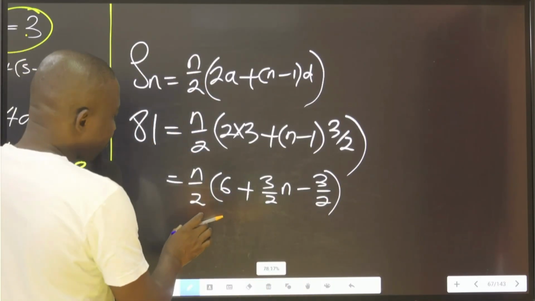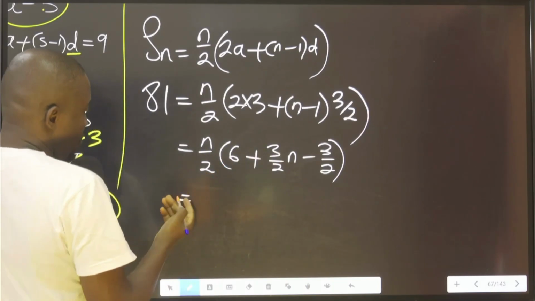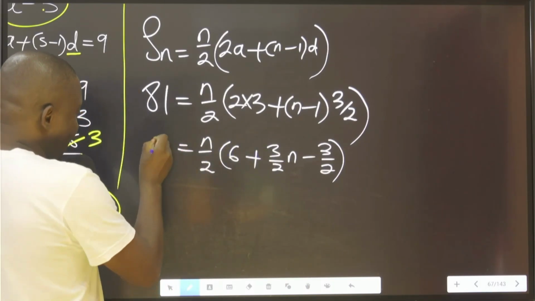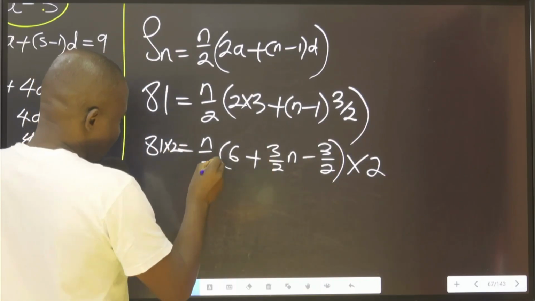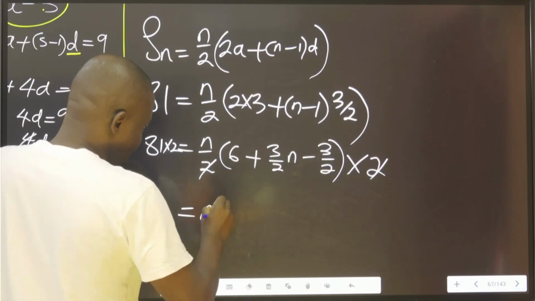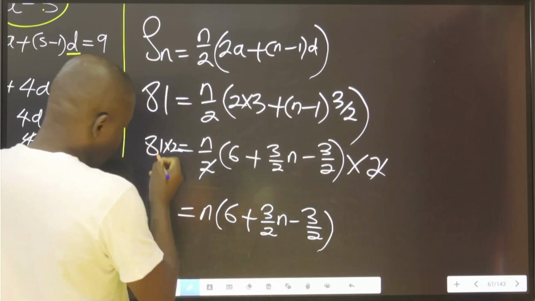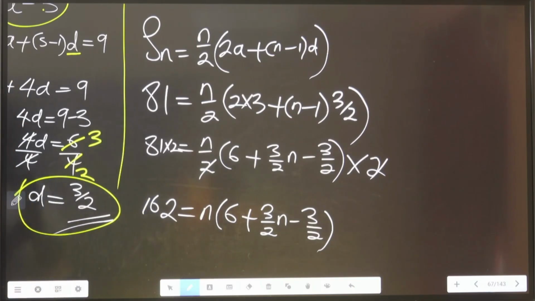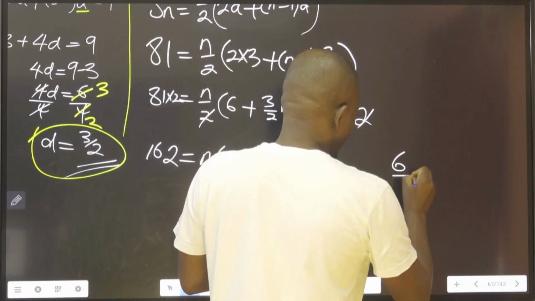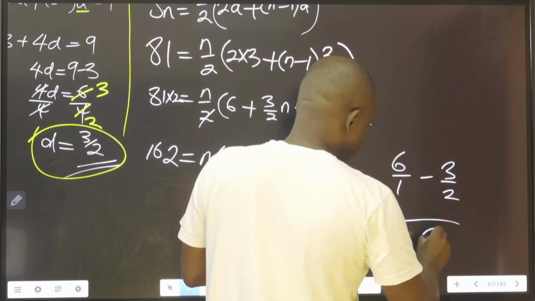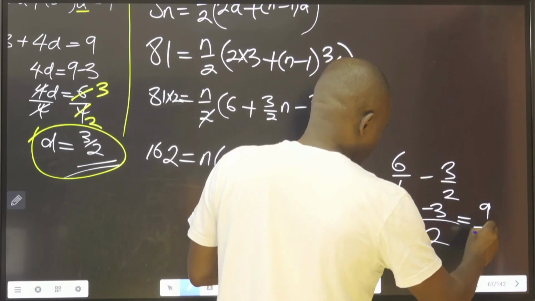Okay? We can continue with this, or we multiply both sides by 2. This by 2, this by 2, so that this and this will cancel to have this. This will be 162. We can work these two out. That is 6 over 1 minus 3 over 2. That is 12 minus 3 equals 9 over 2.